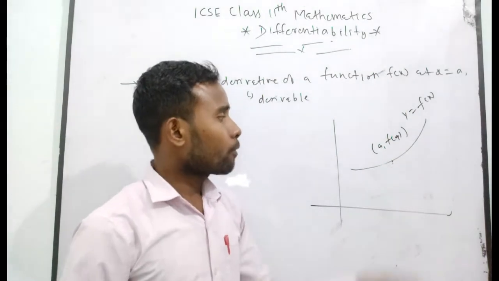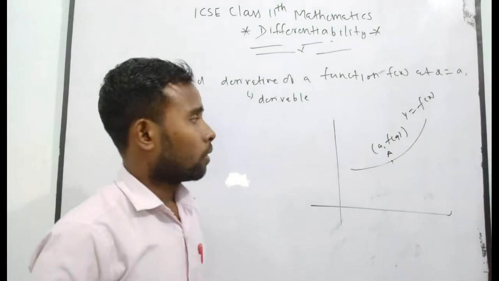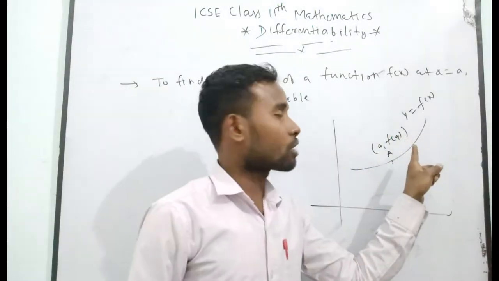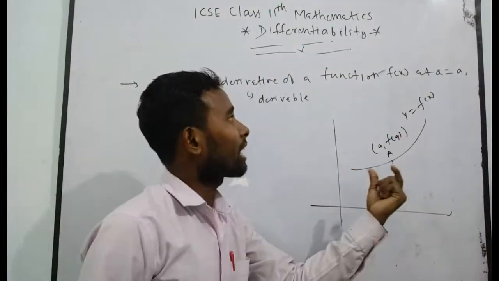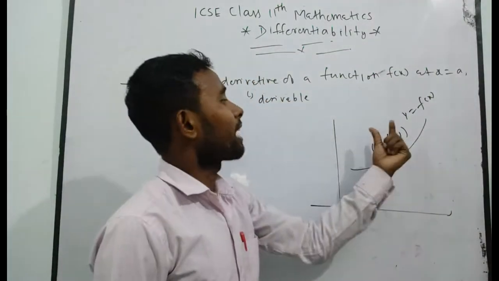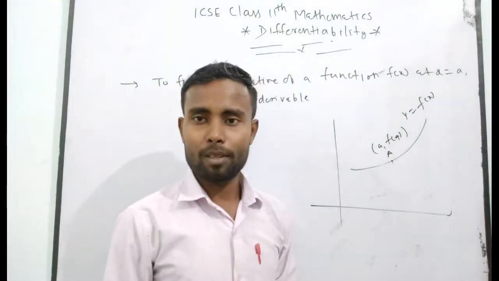That means this is the point A whose abscissa is a and ordinate will be f(a). Now you have to find the derivative of f(x) at x is equal to a.